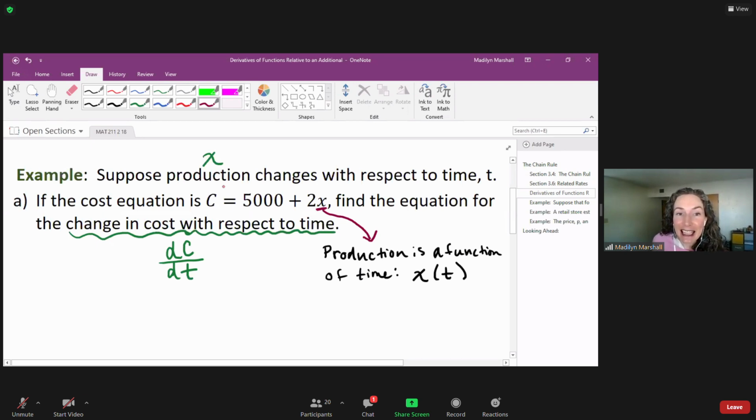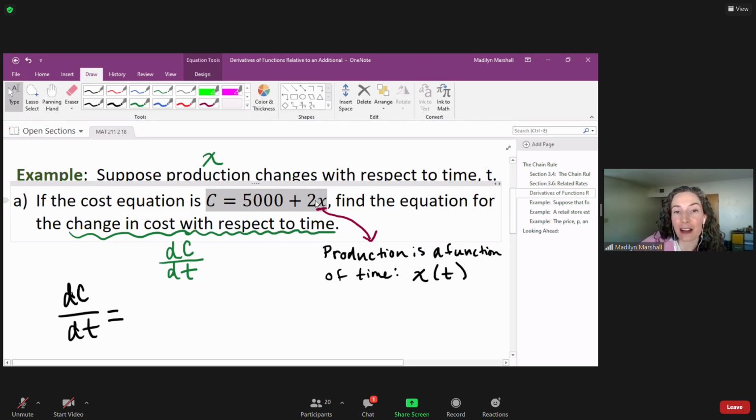So cost is a composite function. Cost is a function of x, which is also a function of t. So when we take the derivative of cost with respect to time, this is actually a sort of secret chain rule situation. So let's see what this means. We first would look at cost just like normal.